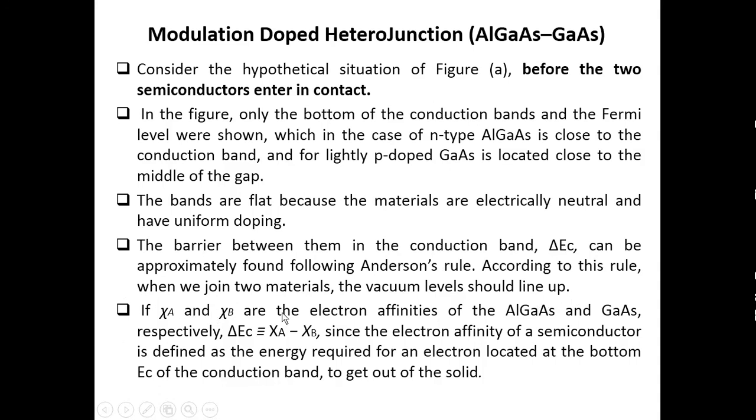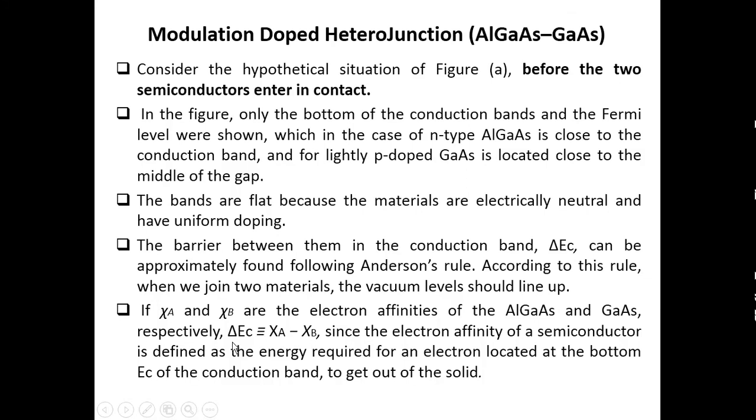If Xa and Xb are the electron affinities of the aluminum gallium arsenide and gallium arsenide respectively, then the barrier between them in the conduction band, that is the barrier width delta Ec, is equal to Xa minus Xb.